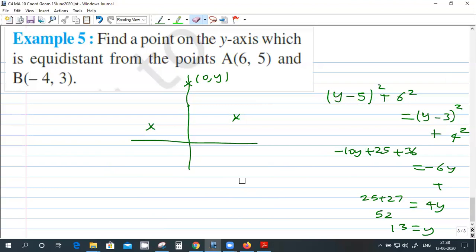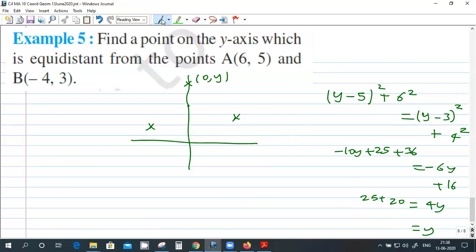Okay, so 25 plus 36 minus 16. 20, right? 25. Okay, 45. 45 by 4 would be in decimals. Again making some mistake.